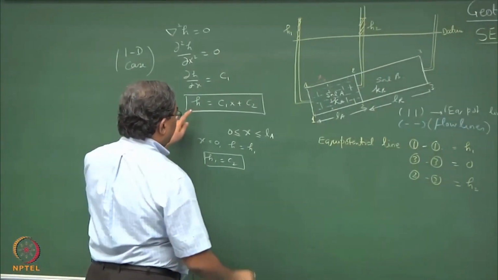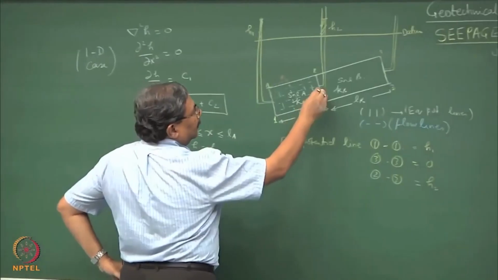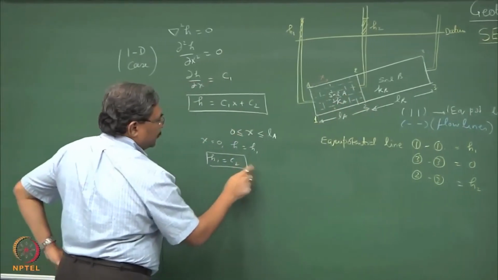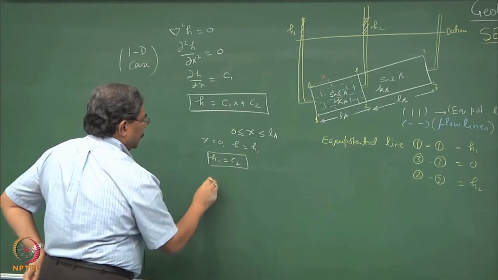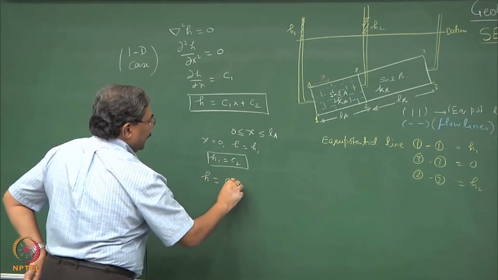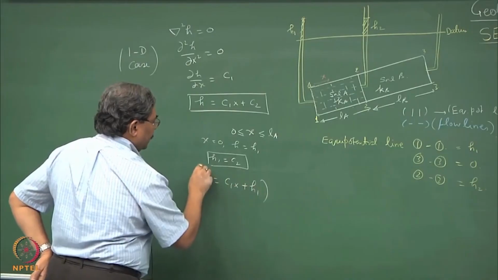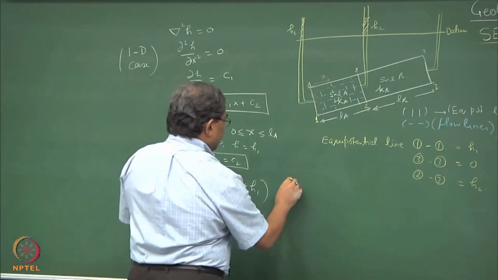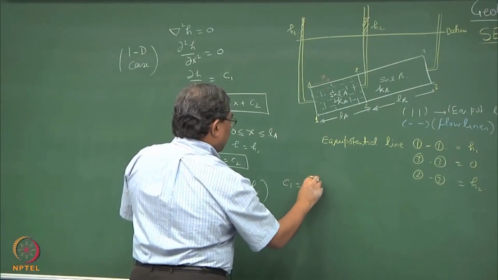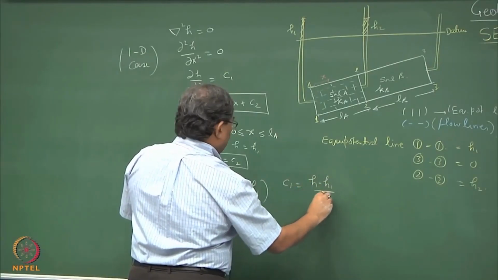Now, suppose I say that h, if this function is done, I can substitute the values of H1 and C2. So, h is equal to C1 x plus H1. So, basically C1 comes out to be (h minus H1) over x.